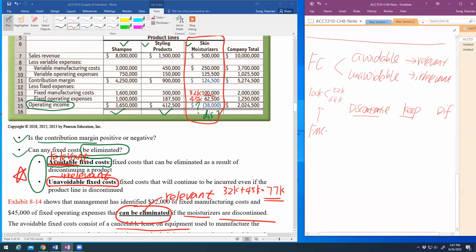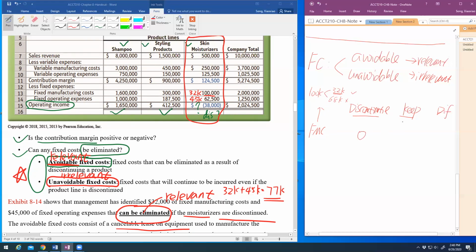So I show you why only avoidable is relevant. Okay, so for this 32,000, let's say we have the example like the lease for the equipment to make this product. If you discontinue your product, do you still need to lease that equipment? If you discontinue, you do not need to lease that equipment, so your cost will be zero.